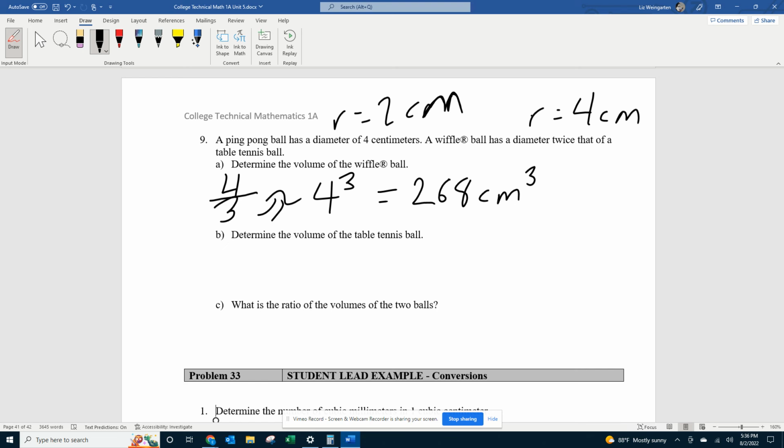Now let's determine the volume of the table tennis or ping pong ball. Same setup. This time we're going to do 2 cubed.